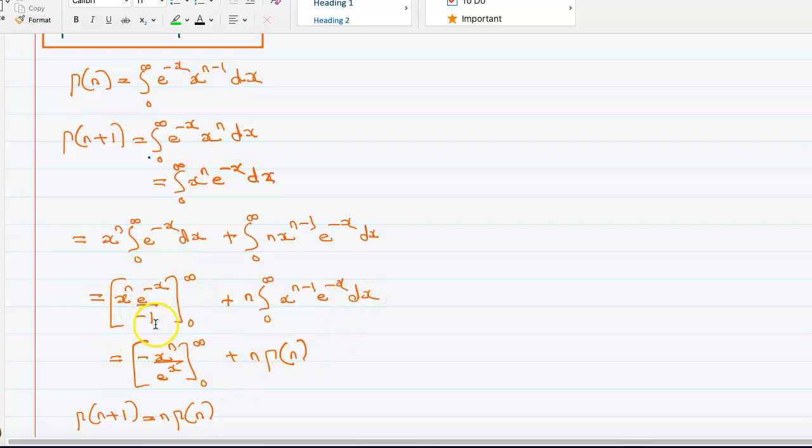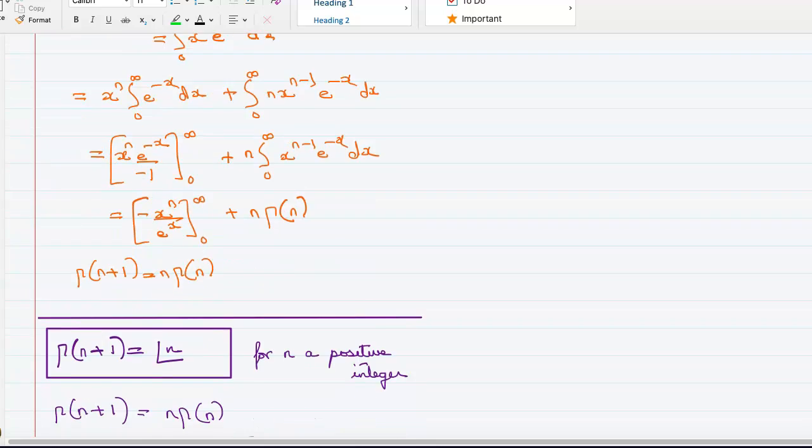So when I substitute the limits, the first term gives 1 by infinity, which is 0, and this is n gamma n, because gamma n is integral 0 to infinity x raised to n minus 1 e raised to minus x dx. So we have proved that gamma n plus 1 is n gamma n.